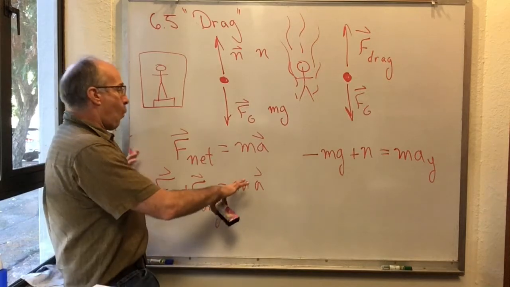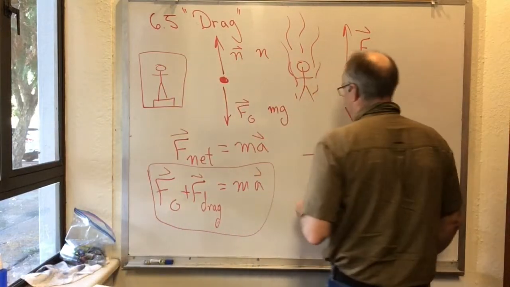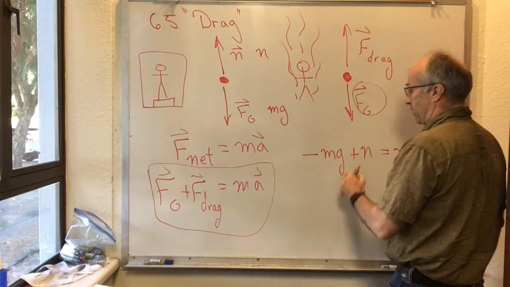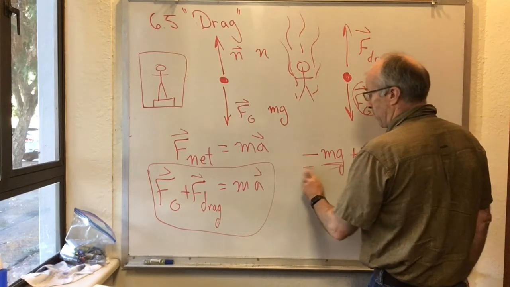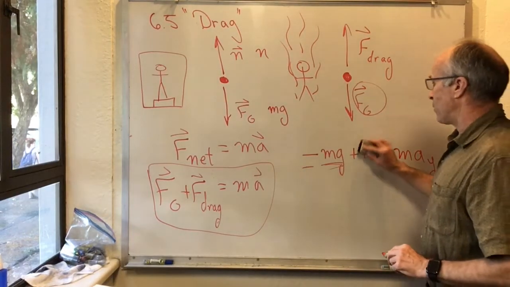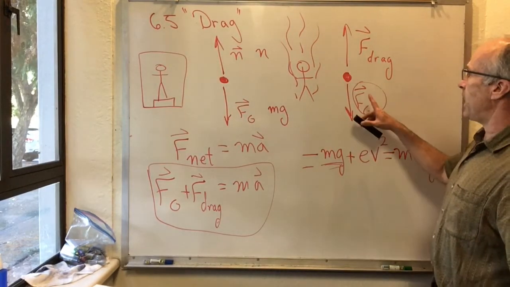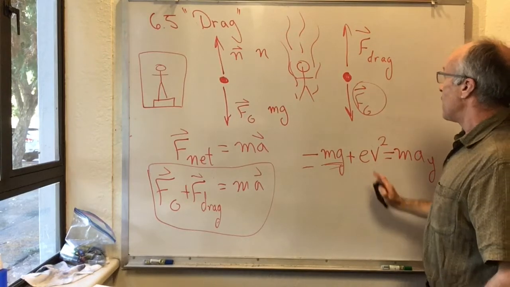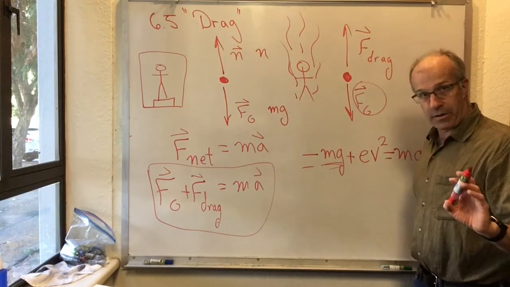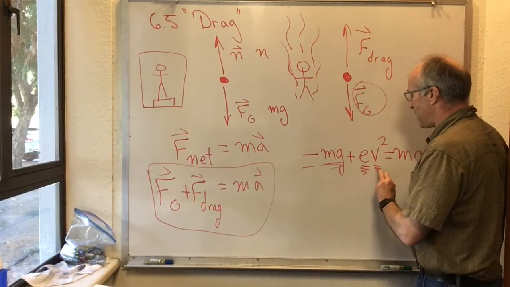If we want to take the y component of this vector equation, we still have that the length of the gravitational force vector is mg, and it points in the minus y direction. And instead of having a normal force pointing in the up direction, we now have a drag force in the up direction. So in this case, where the person is falling downwards, the drag force is in the upward direction, and we're going to model that as some constant e times the speed squared.